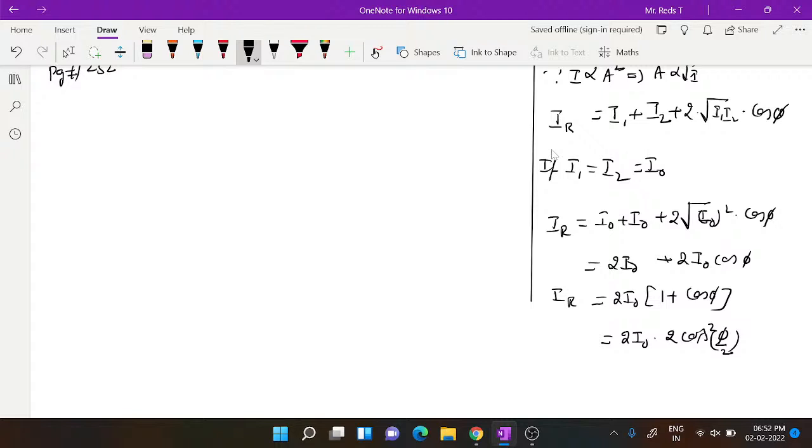So you will get 2 into 2 is 4. So the intensity of resultant wave will be 4 I0 into cos square phi by 2. This you have to keep in mind. Okay, this will be the resultant intensity of the superposed wave.